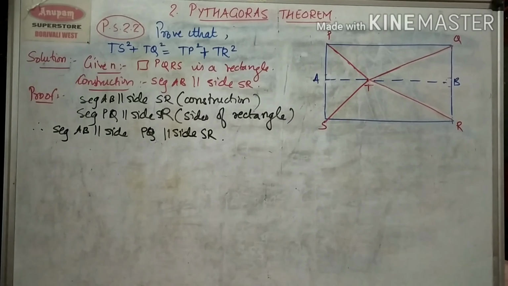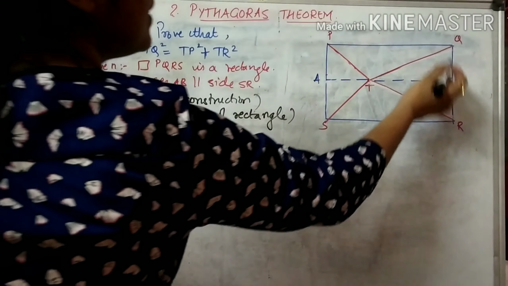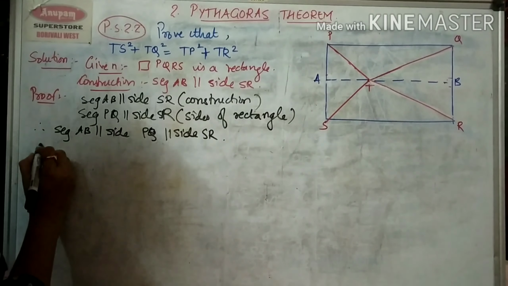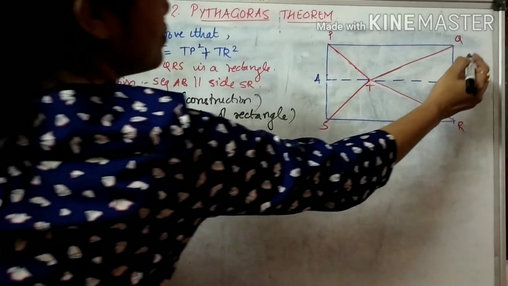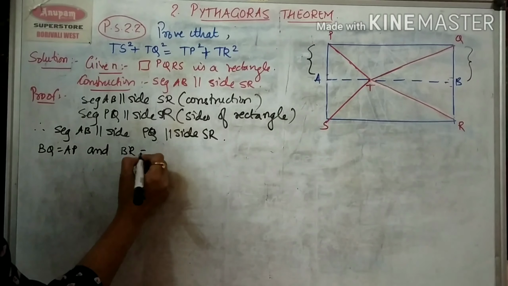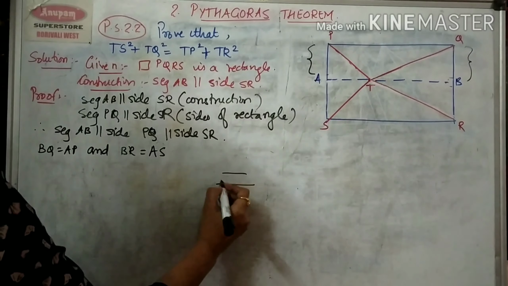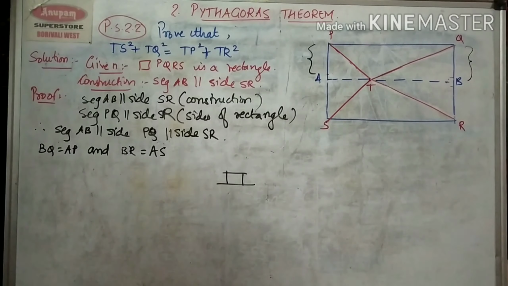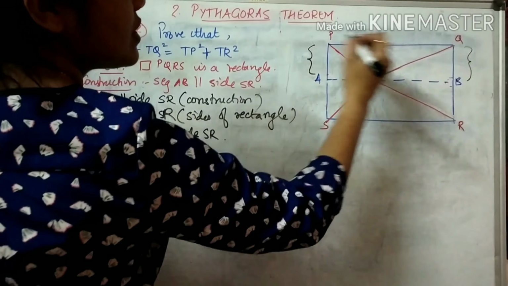Now, the next one. We will also say that BQ is equal to AP and BR is equal to AS. I'll say BQ is equal to AP. Why? I'll tell you. BQ, this part. BQ is equal to AP and BR is equal to AS, because whenever there are two lines which are parallel, then the distance between these two lines is always going to be equal. So if these are the two parallel lines, these perpendicular lines will be equal.